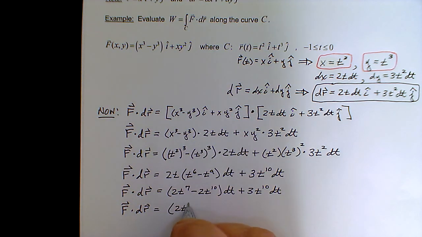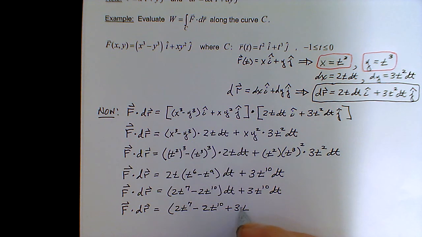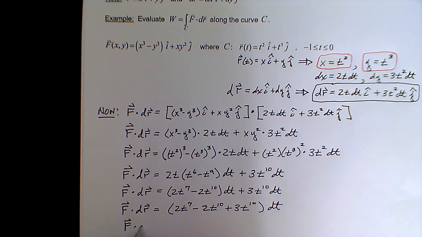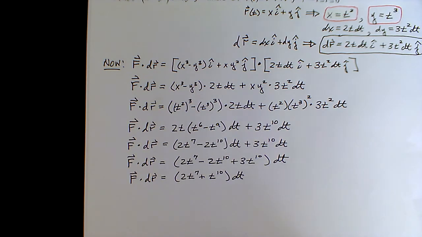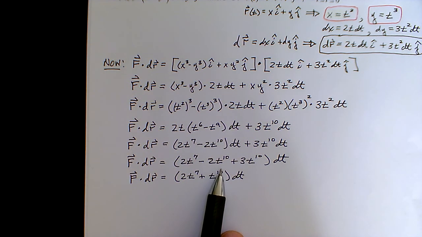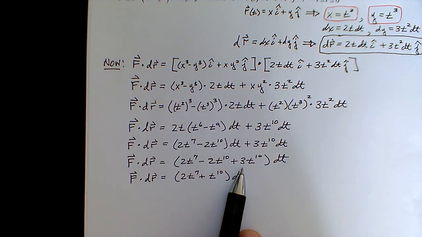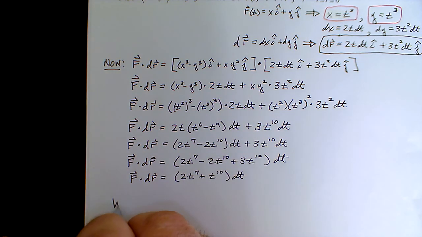And we could say this is 2t to the 7th minus 2t to the 10th plus 3t to the 10th times the differential dt, which then simplifies to be 2t to the 7th plus 1t to the 10th with respect to t. Excuse me, because minus 2t to the 10th plus 3t to the 10th, of course, is just 1t to the 10th. Alright, so now we're ready for the work.